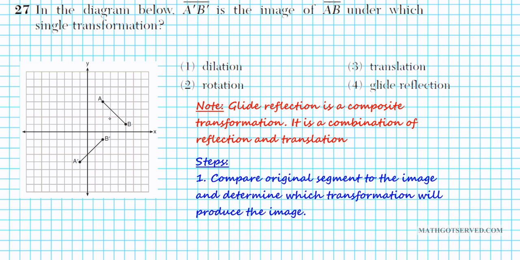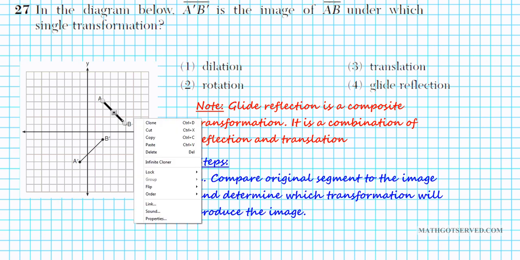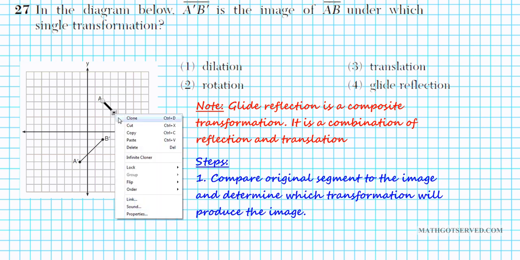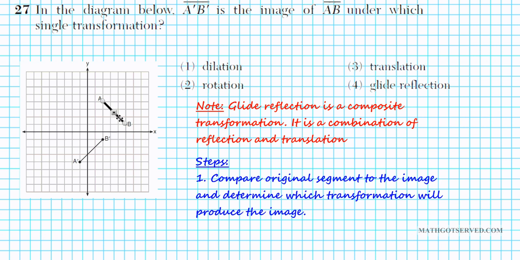Translation involves just moving this line. So let's just draw a segment. Let's say this is segment AB. Translation of AB just involves moving AB up and down, or side to side.